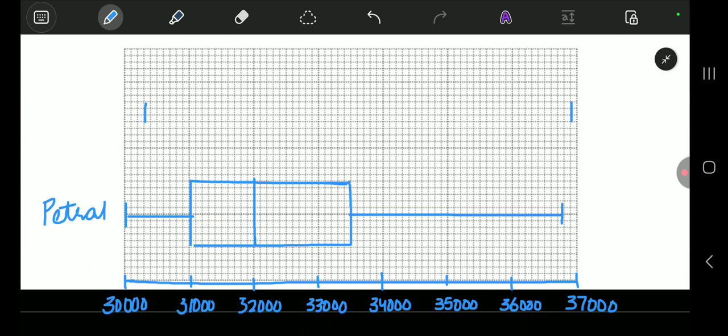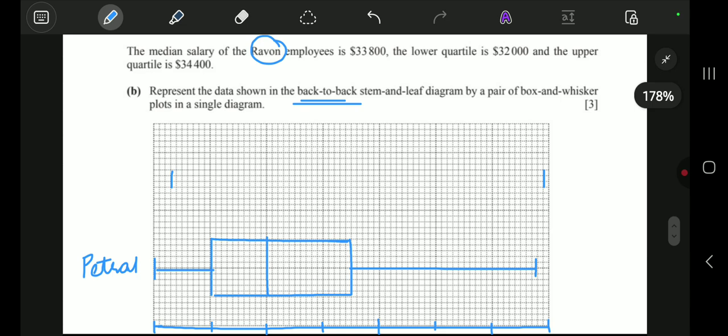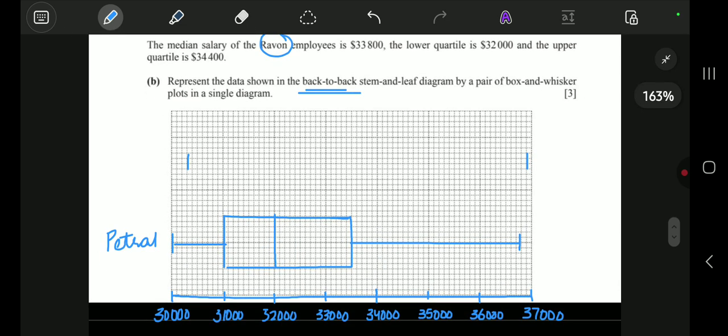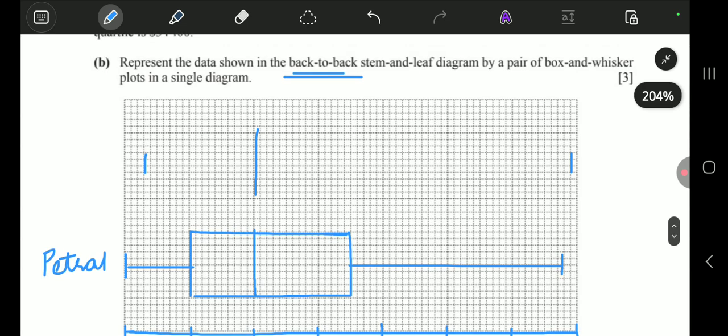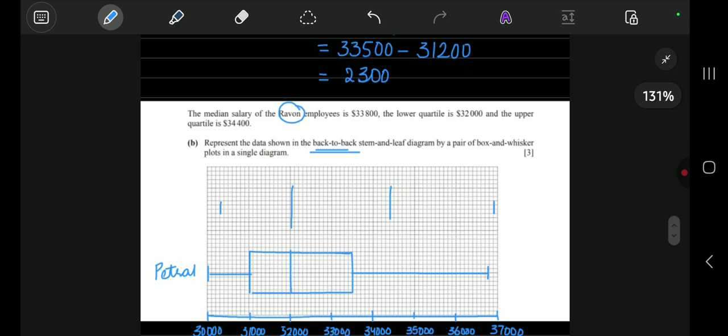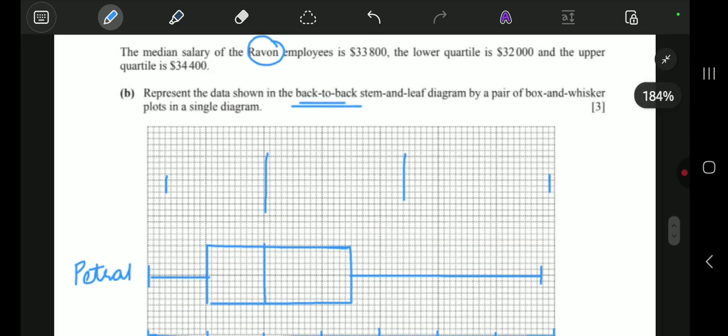Okay, then 32,000 lower quartile, this line. Upper quartile is 34,400. Okay, and median is 33,800.